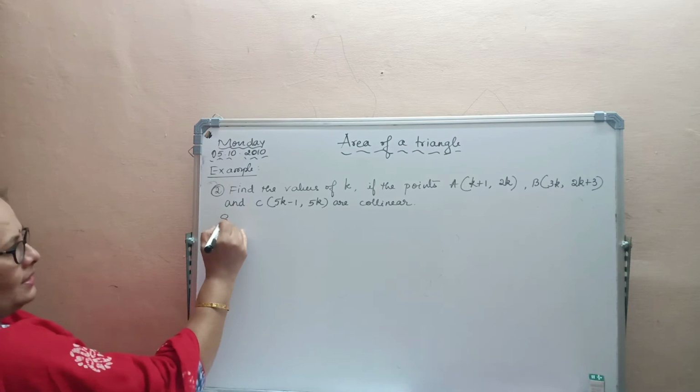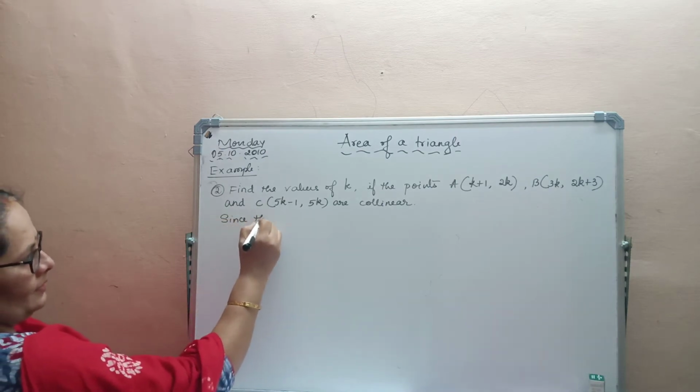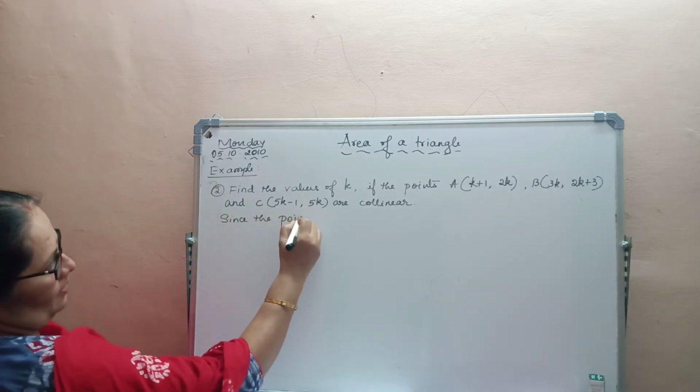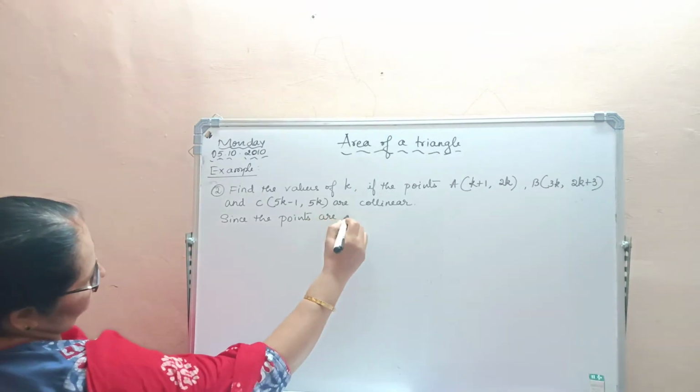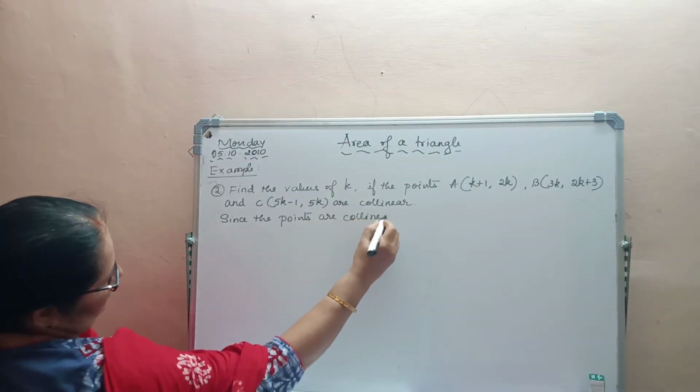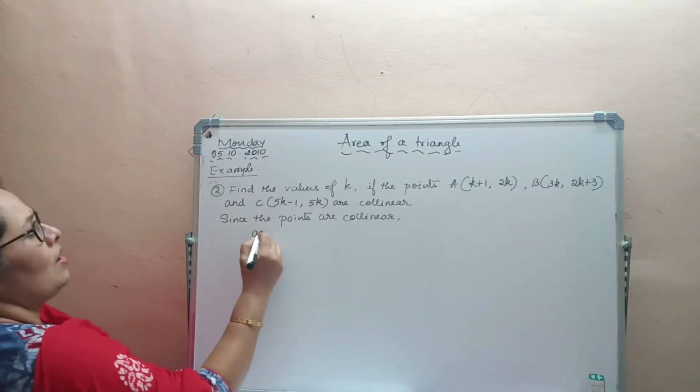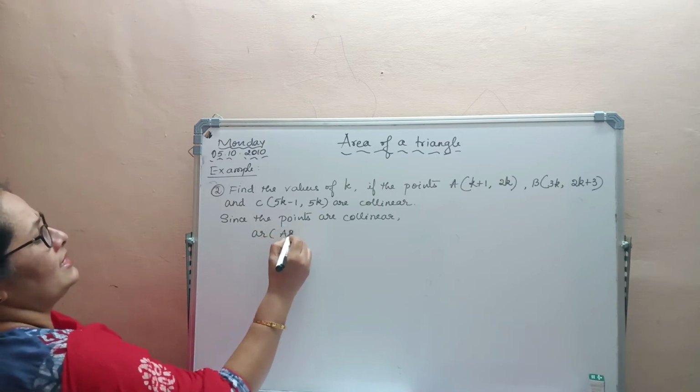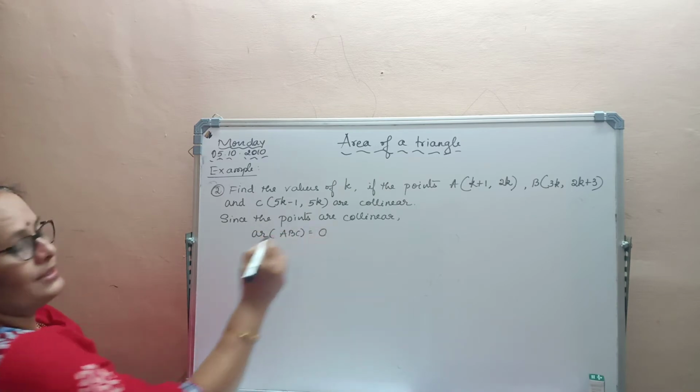Since the points are collinear, area of triangle ABC is equal to 0.